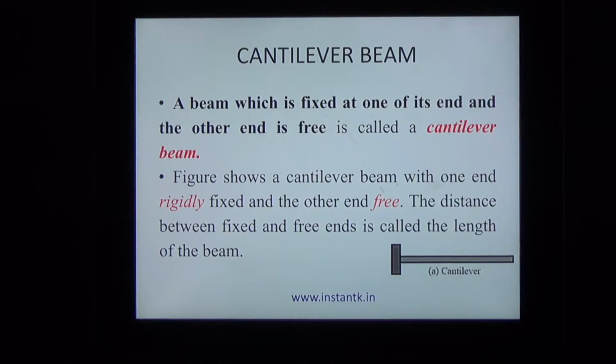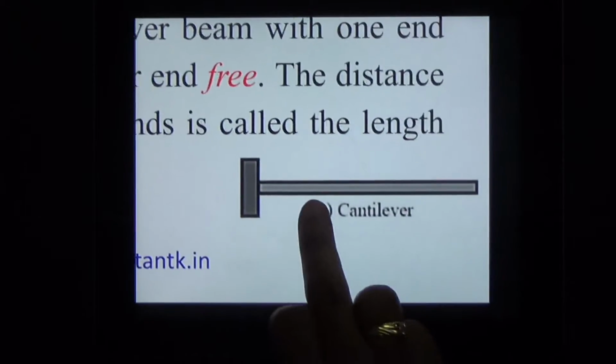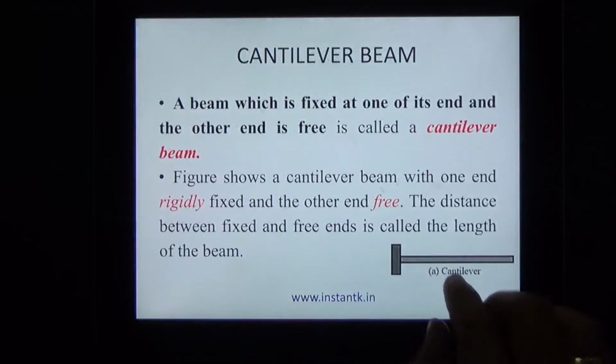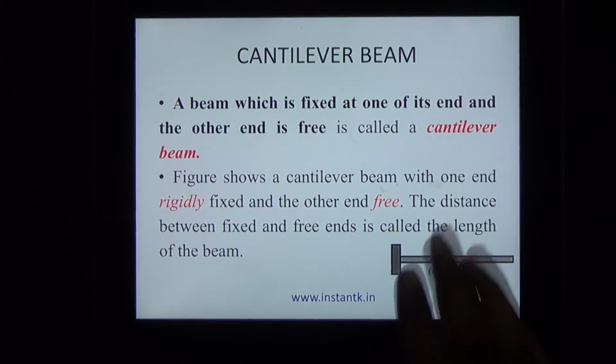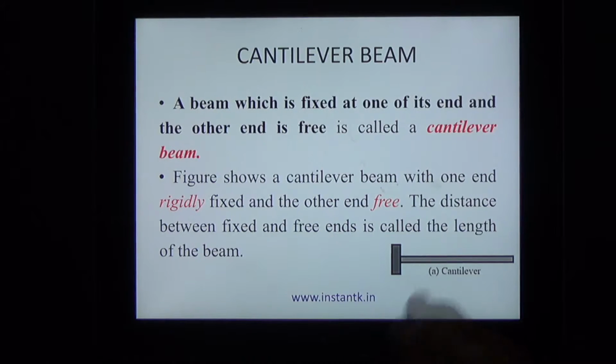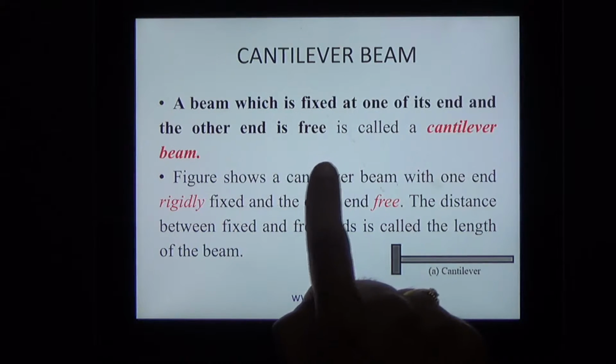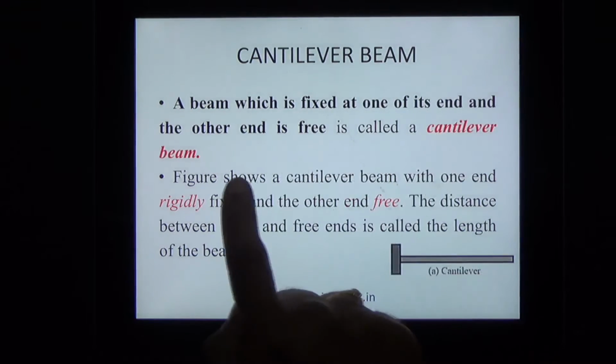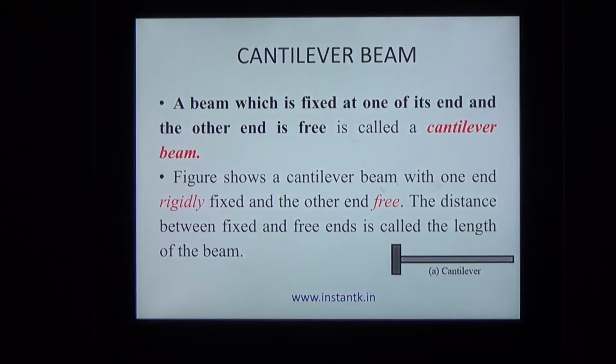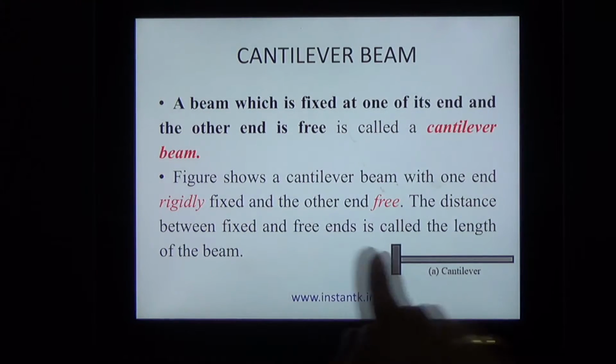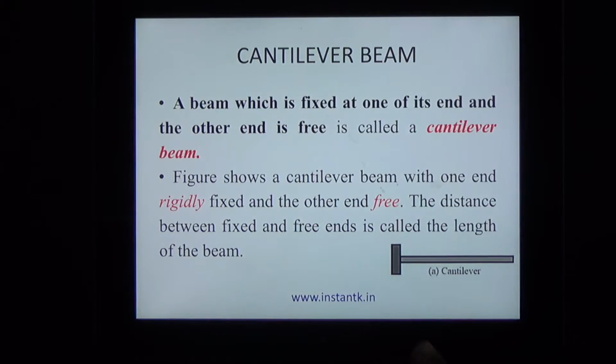For cantilever beam, my advice to you is please draw the diagram first in a neat sketch. Below that, you explain what a cantilever beam is. A beam which is fixed at one end and the other end is free is called a cantilever beam. If you write this diagram and this definition, it is sufficient.